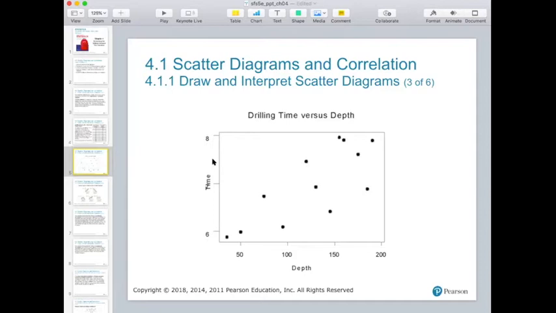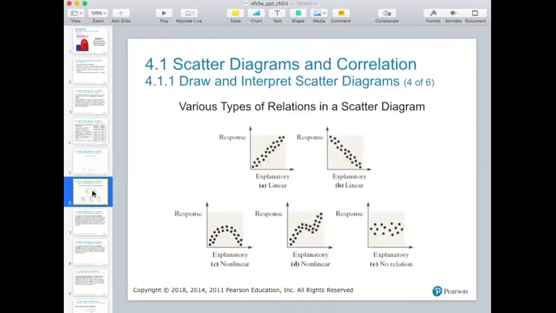So we want to be able to describe the relationship between these 2 variables. If we look at the relationship here, how could we describe it? Well, there are a couple of ways. If we're graphing an explanatory and a response variable, we could have all kinds of different patterns.